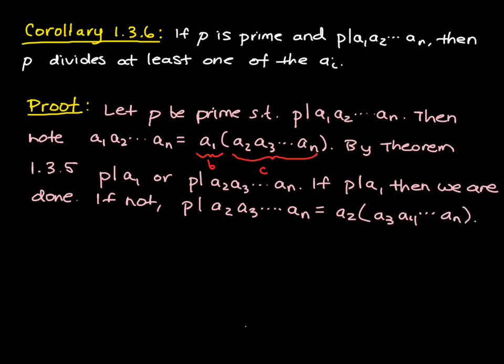And so once again, we use this property from Theorem 1.3.5. So again, we have that P divides a sub 2, or P divides a sub 3, a sub 4, up to a sub n.